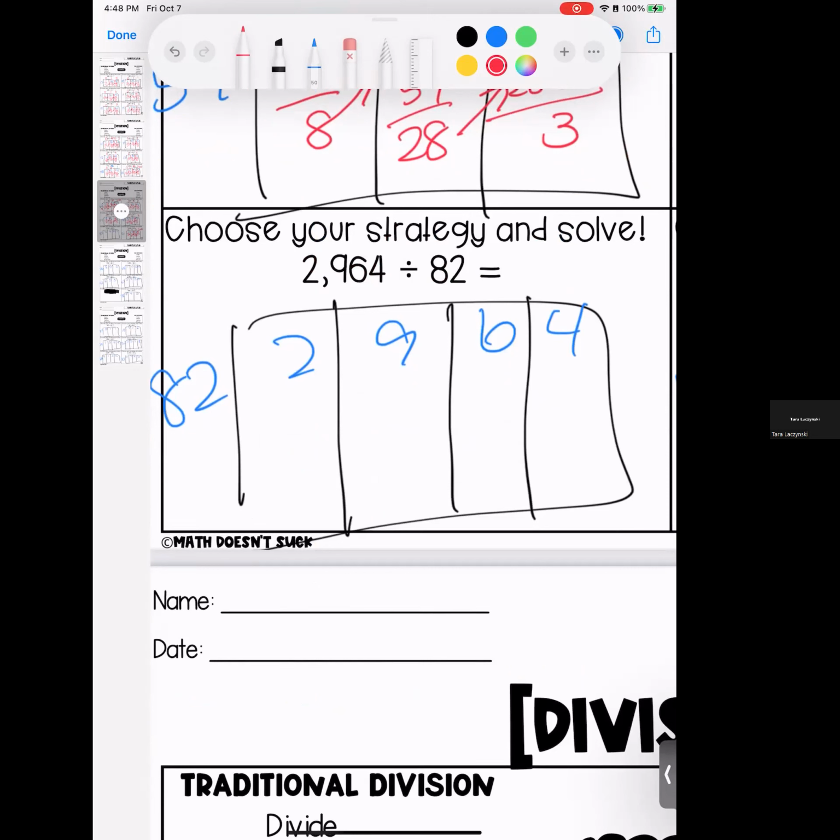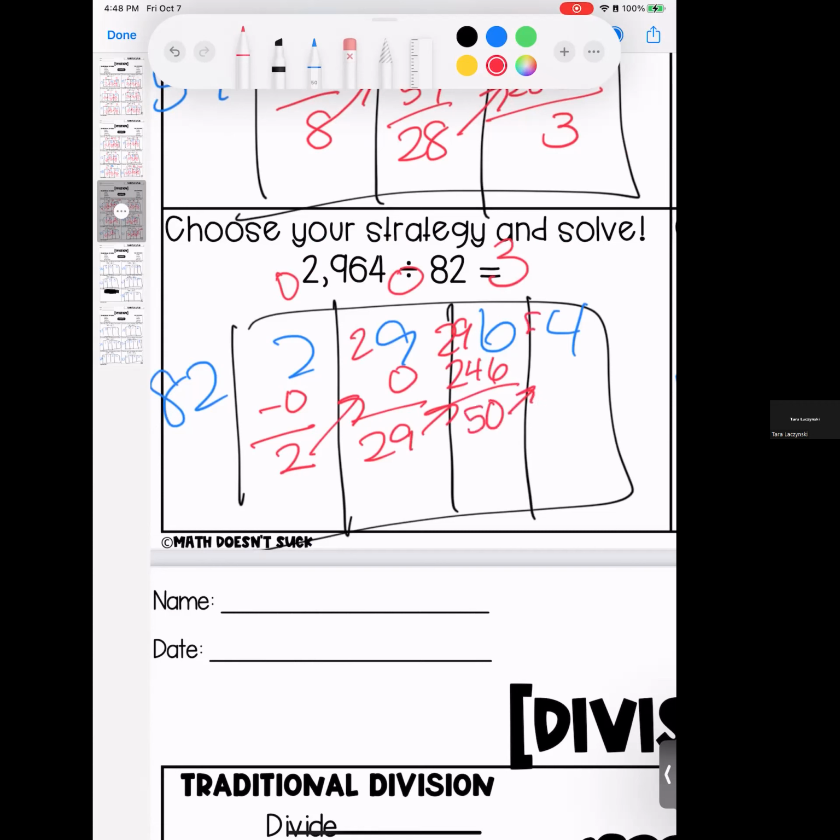2,964. We're dividing in 82. Yes, that is big. It doesn't go into 2. It doesn't go into 29. It does go into 296 3 times. That gives us 246. When we subtract that, we're left with 50.